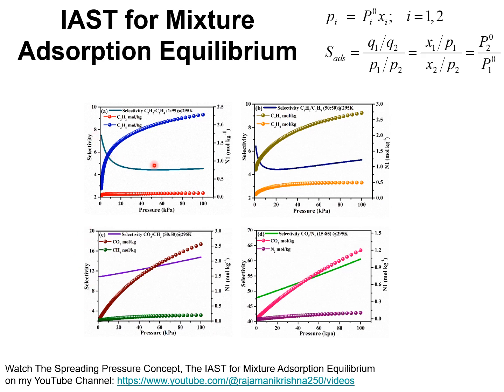The continuous solid lines here are the selectivity calculations, and these lines with the symbols represent the molar loadings that are plotted on the right y-axis. The IAST calculations show that Cu-Prussian Blue has potential for C2H2, C2H4 separations, CO2, CH4 separations, and CO2, nitrogen separations.